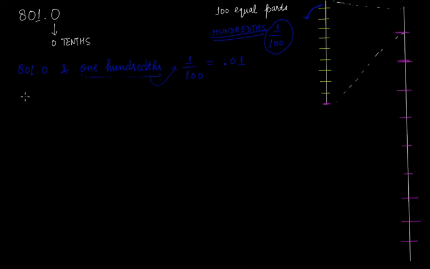Therefore, this is actually 801.0 plus 0.01. If we add it, this will be equal to 801.01.